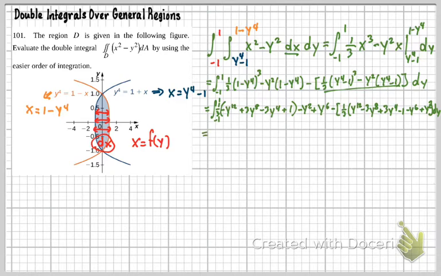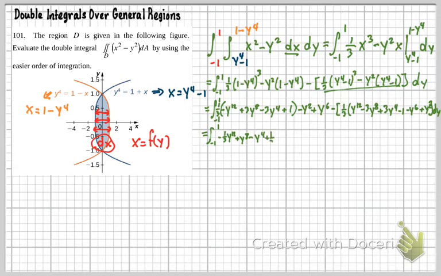Okay, so now let's simplify this some more. To simplify this more, now I'm going to distribute this 1/3 through to all of these terms here. So that's going to give us the integral from -1 to 1 of -1/3 y to the 12th plus y to the 8th minus y to the 4th plus 1/3.